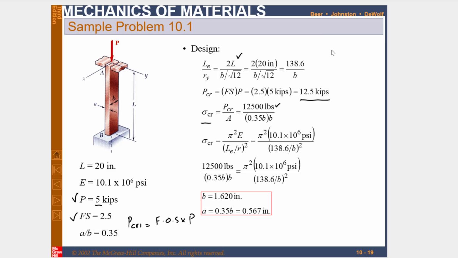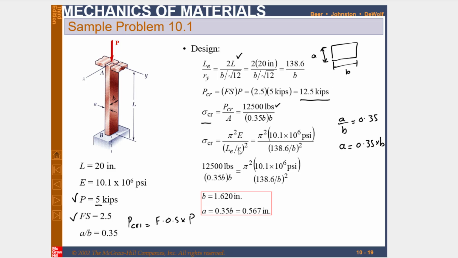Now the area, since this is rectangular, has breadth B and one side A, clear? It is also found from our previous ratio that A by B is equal to 0.35, clear? So A will be equal to 0.35 times B, clear?